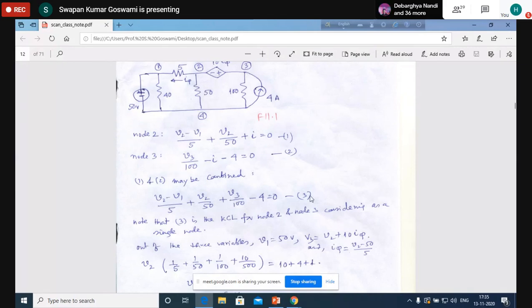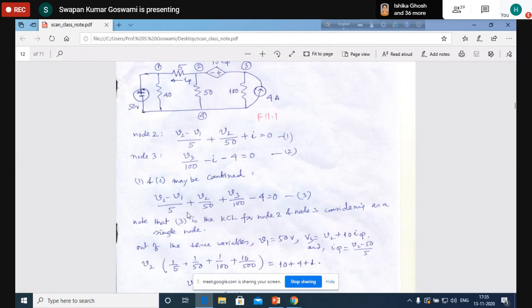While writing this equation, we have added up this portion with this portion. This is for node 2 and this part is for node 3, but we have written the same expression. That means these two nodes are being considered as a single node.